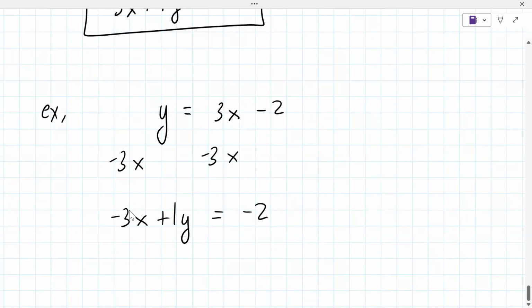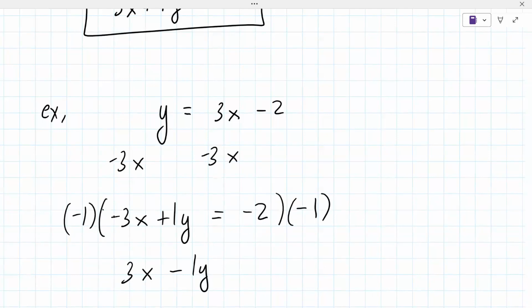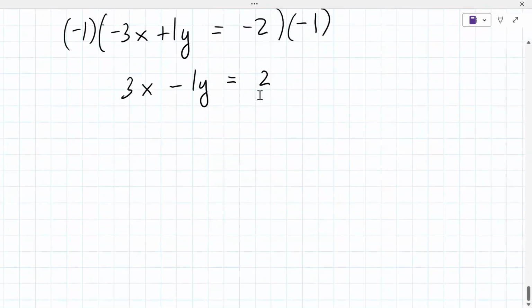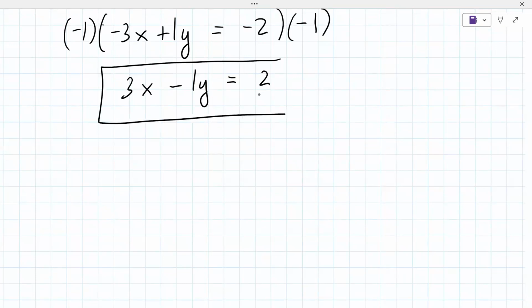But the problem is that A has to be positive. It might seem silly and I don't make the rules, but this one has to be positive. So how do you do that? Well, you multiply everything by -1. 3x minus 1y equals 2. And there is your final answer like that. Okay.